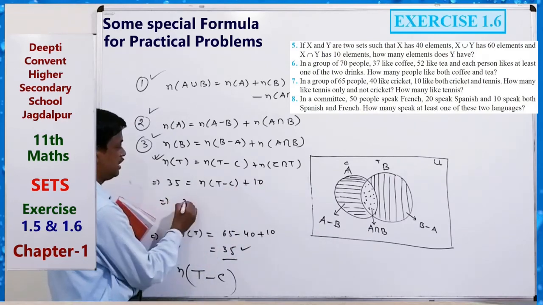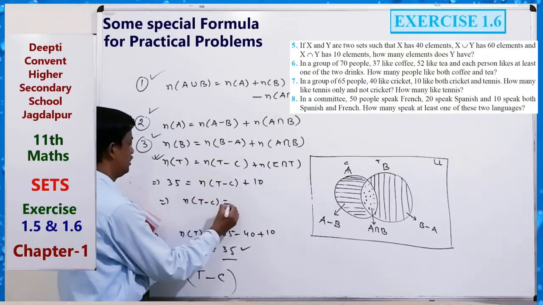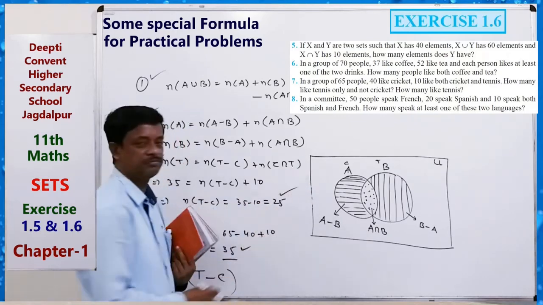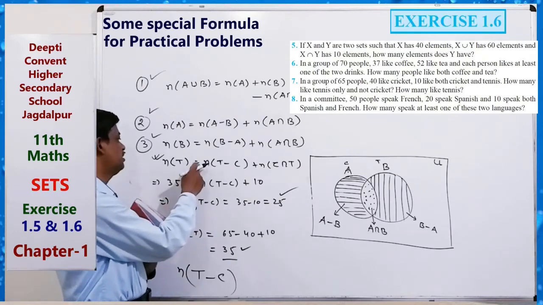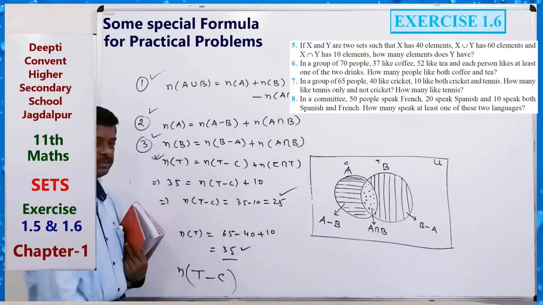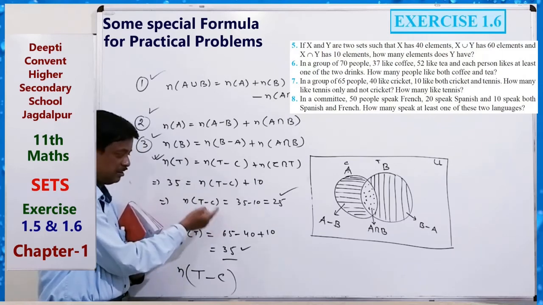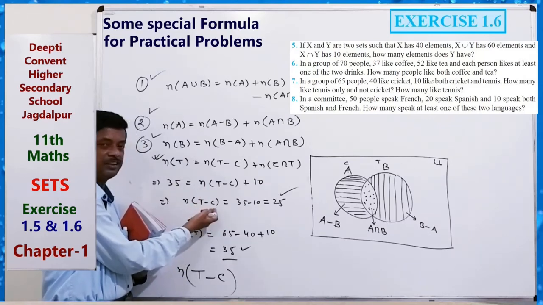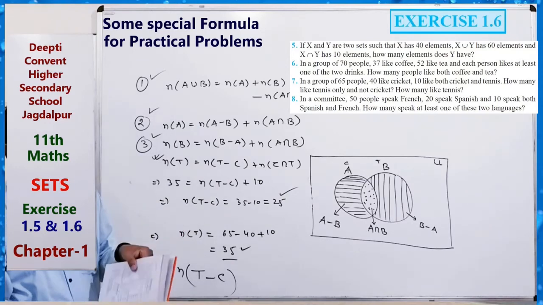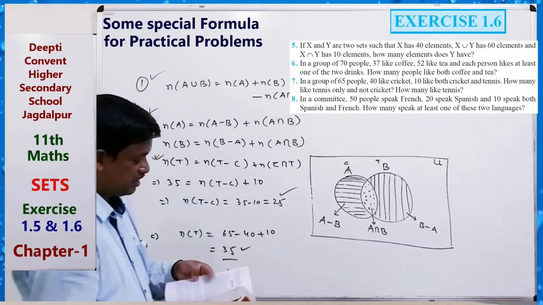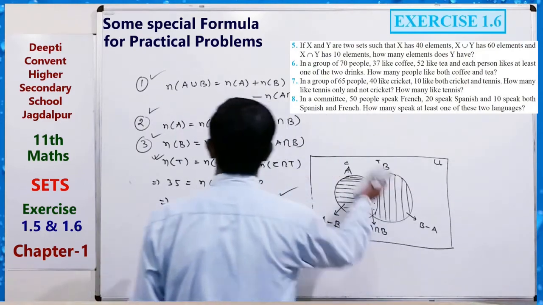So N(T minus C) equals 35 minus 10, which is 25. Using this formula we get tennis only, not cricket. So 25 is the answer. Clear? Now question 8.